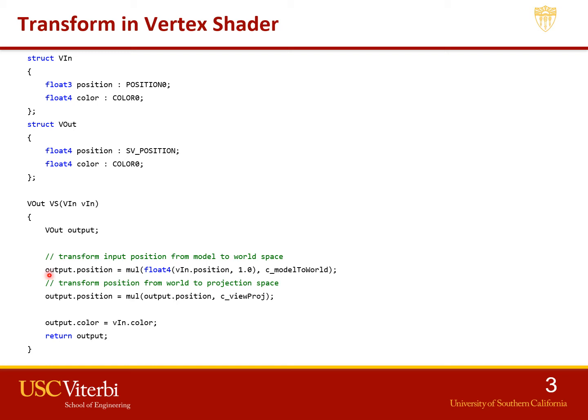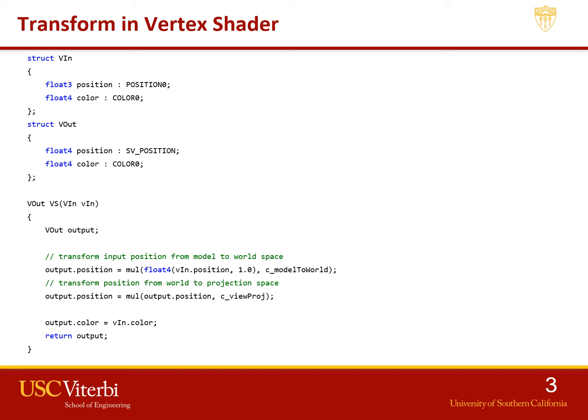So now we have the world position here in the output position, but what we want was normalized device space, so we'll need to multiply by another matrix. I'm calling this matrix the view proj matrix because that is the combination of the view or the world to view matrix and also the projection matrix, which is the view to the normalized device space.